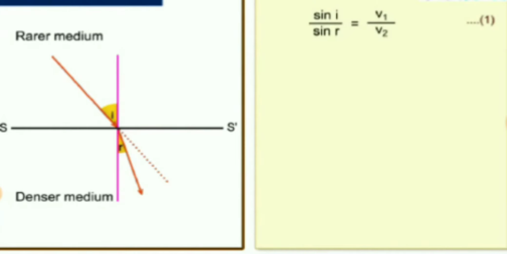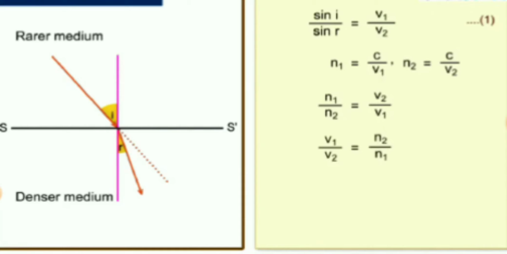If c is the speed of light in vacuum, then the refractive index of medium 1, n1, is equal to c by v1, and the refractive index of medium 2, n2, is equal to c by v2. Therefore, n1 by n2 is equal to v2 by v1, which can also be written as v1 by v2 equals n2 by n1.